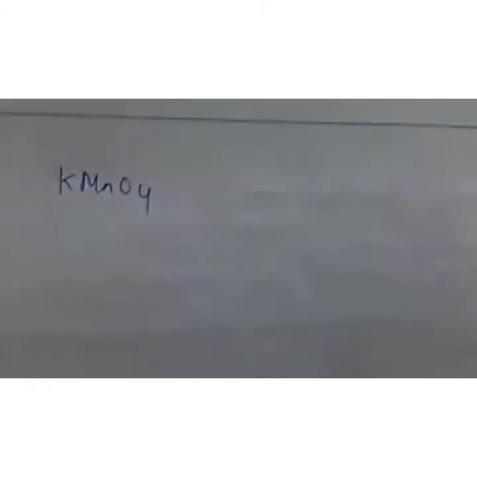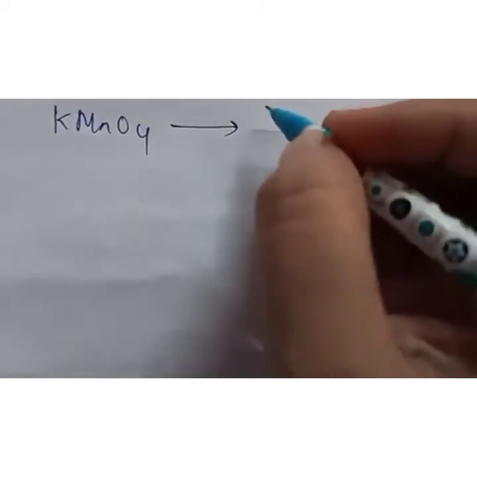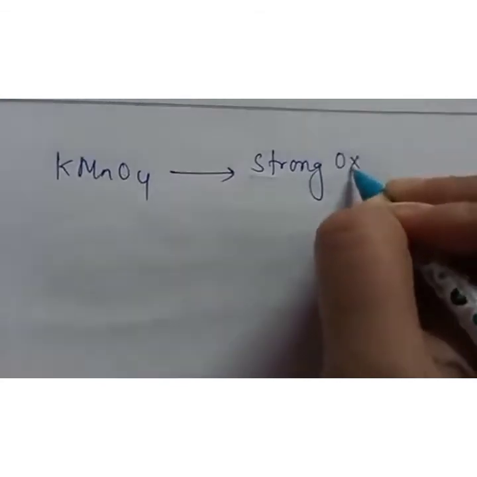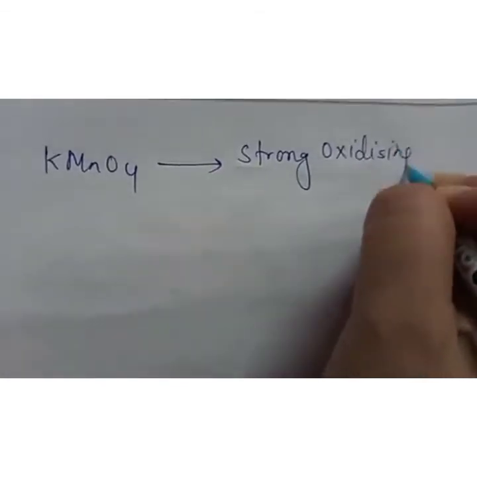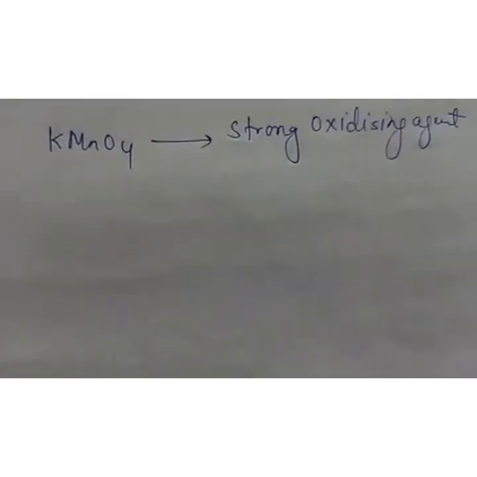Now, one more important tip is that since it is a redox reaction, one of the substances must act as a reducing agent and the other substance must act as an oxidizing agent. That means one substance undergoes reduction and the other one undergoes oxidation. So let us see here in this redox reaction of Mohr's salt against KMnO4.